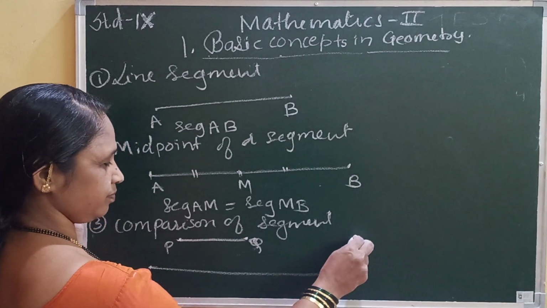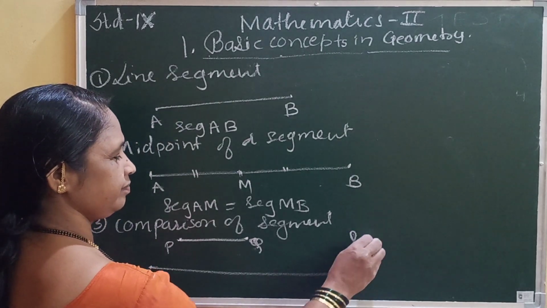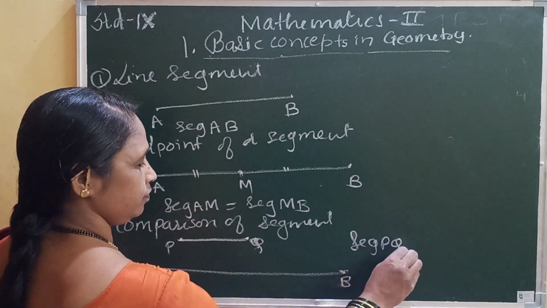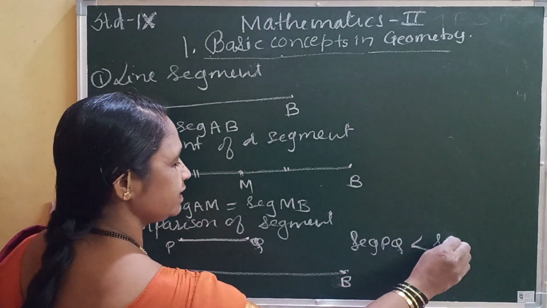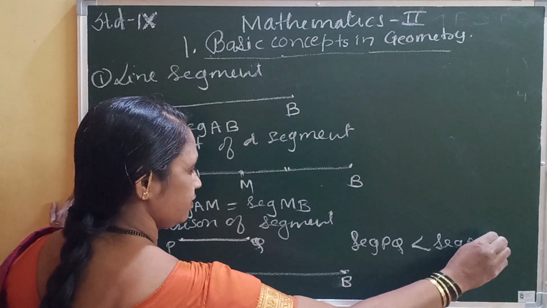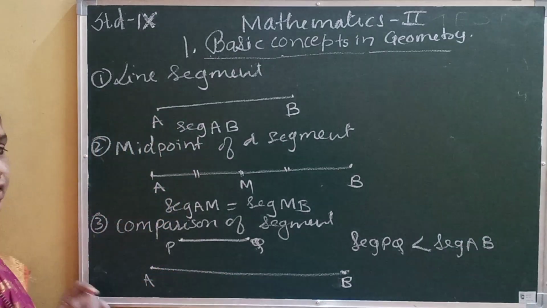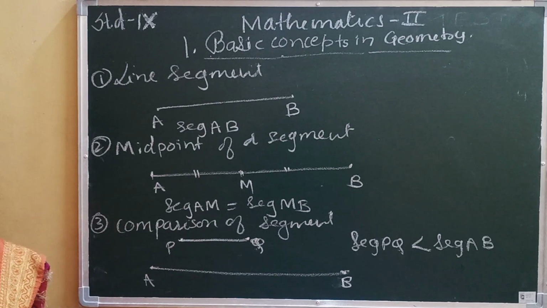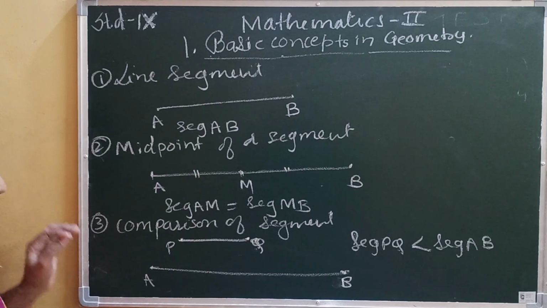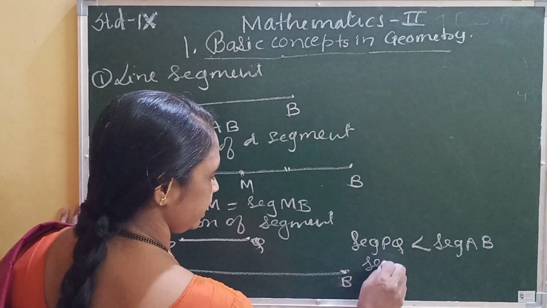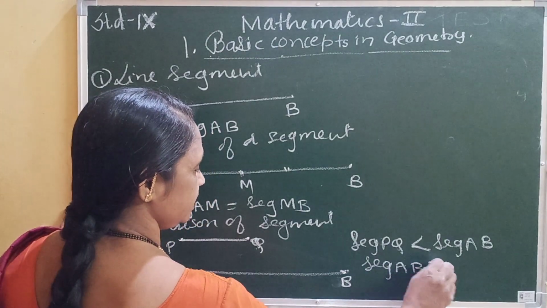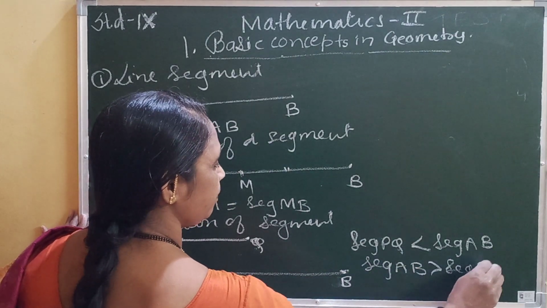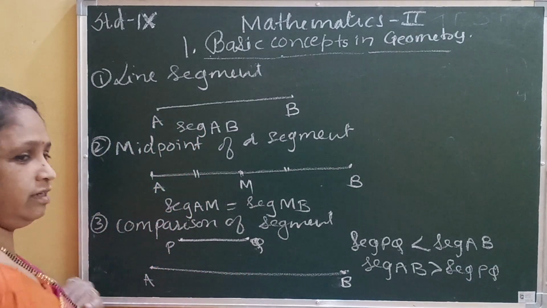Segment PQ is smaller than segment AB. We can write the comparison in this way, or you can write segment AB is greater than segment PQ also.